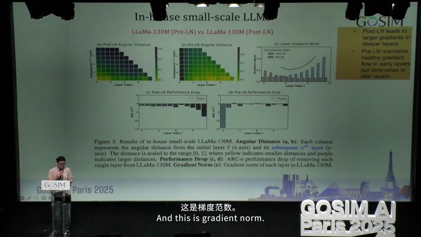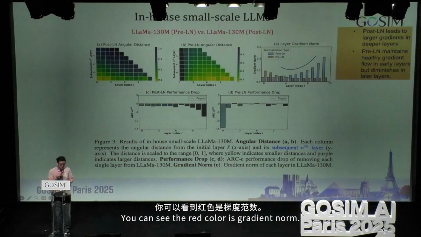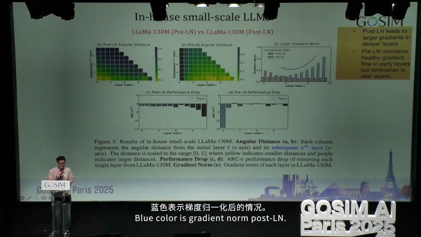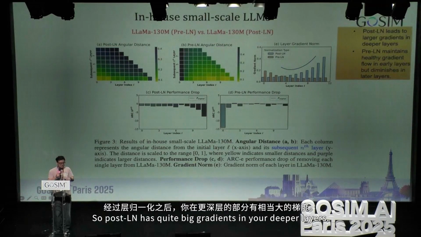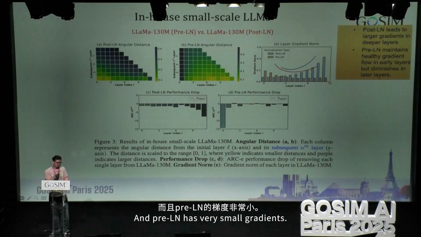And this is gradient norm. No, the blue color is gradient norm for post-LN. So post-LN has quite big gradients in the deeper layers, and pre-LN has very small gradients.